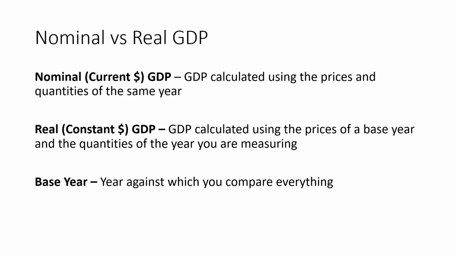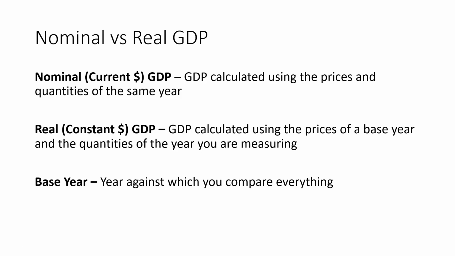In this case, what we're doing is we're taking the quantities of 2018, but we multiply it by the price of the good in what we call a base year. It's a year we compare everything against.